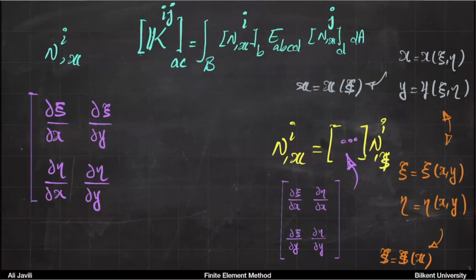I don't know if you remember the way that we define the gradient operator, but this is very similar to that gradient operator definition. This would be your derivative of ξ with respect to x. Does that make sense? So this would be that.